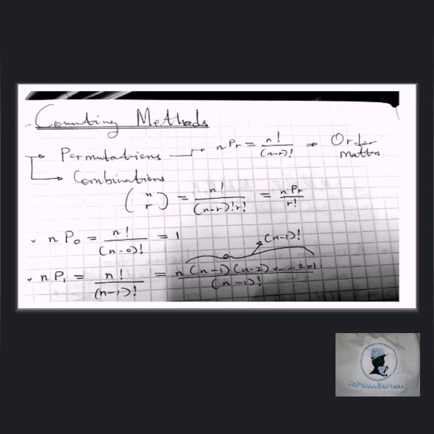From your lectures, you've seen some of the gentleman's agreements, such as 0 factorial equals 1, and n permute 0 equals 1 also.